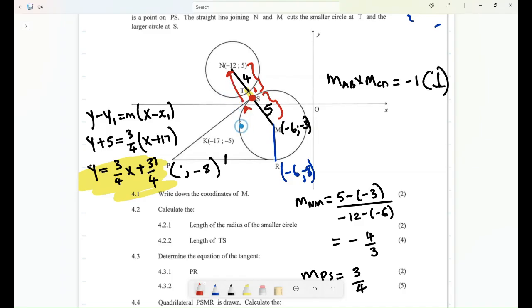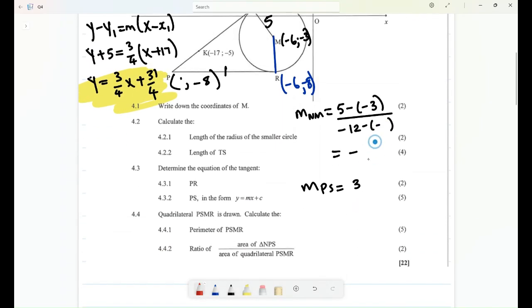You can use the midpoint formula and get the coordinate of S. By that you'll get the coordinate of S as something like -9, -1. Then you find the gradient. Okay, you find the gradient using -9 and this one, the gradient between KS. Okay, then after getting the gradient KS or SK, you substitute this point or that point again, you'll get the same answer. All right.